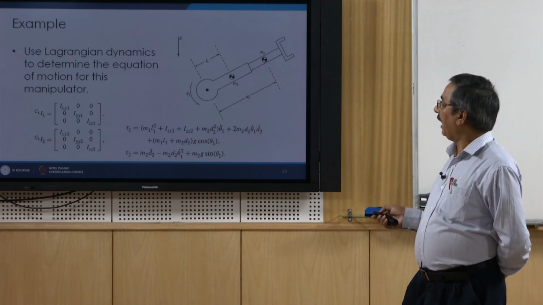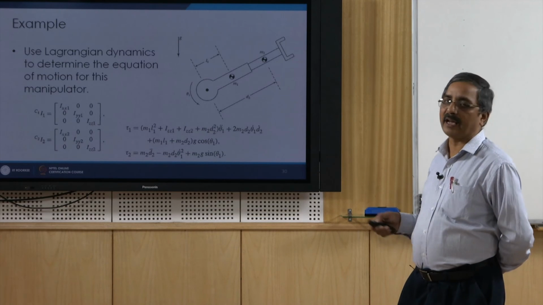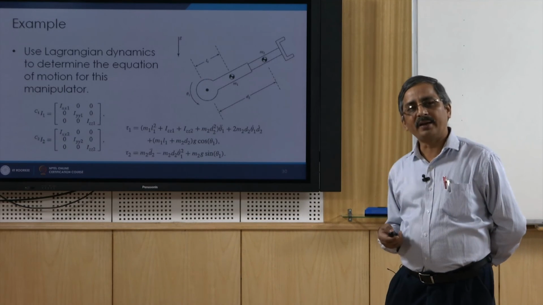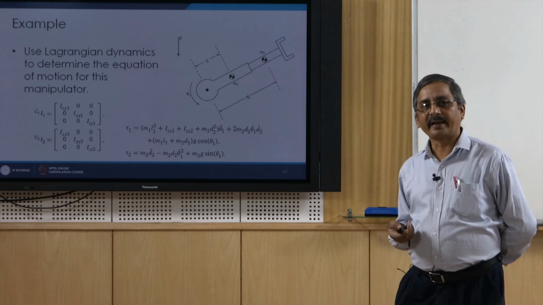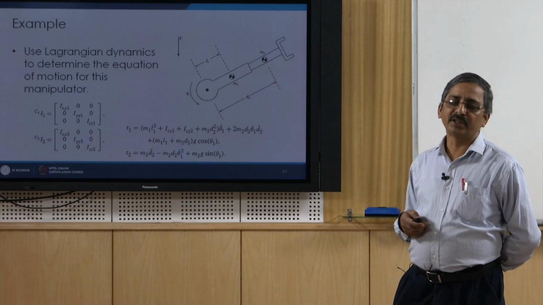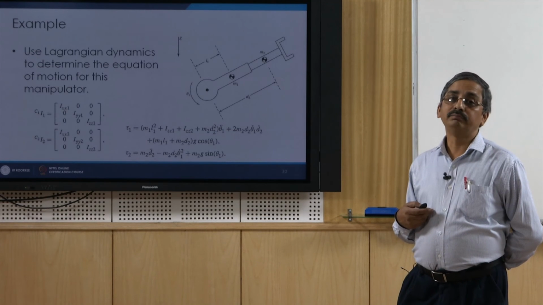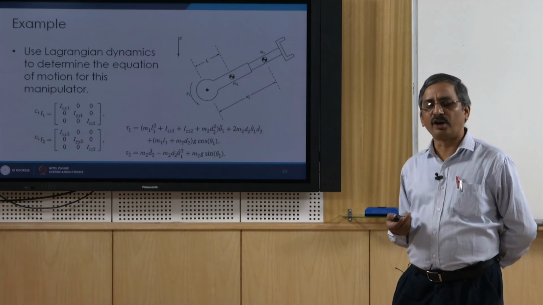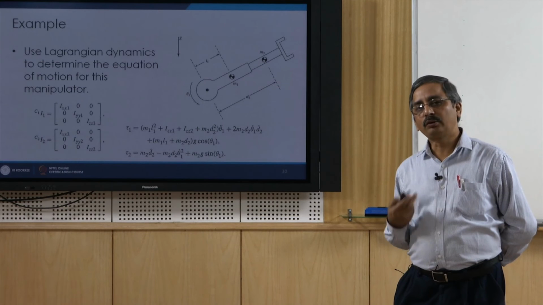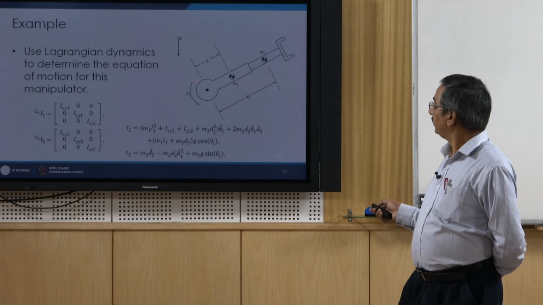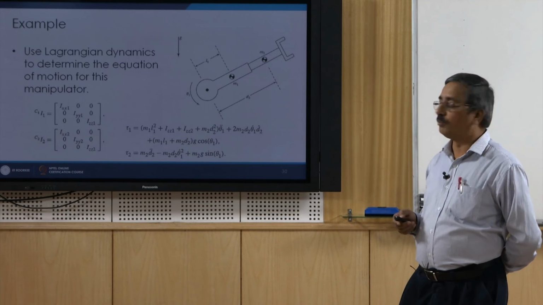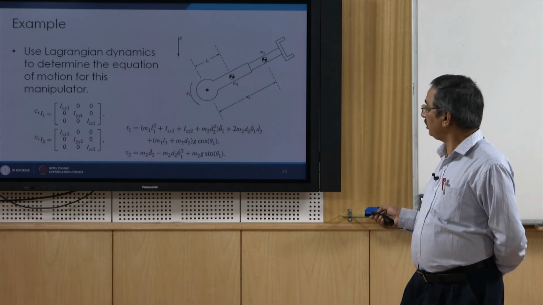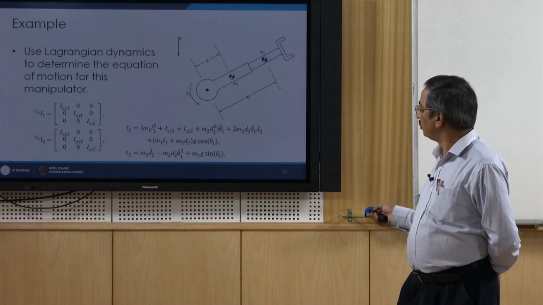If we use the same Lagrange dynamic equation, find the kinetic energy, find the potential energy, find the Lagrangian, and then write the Lagrange equation in terms of the generalized coordinates. Here we have two generalized coordinates, one is the joint rotation and another is the joint linear motion. If you do that, this is the result which you are going to get.